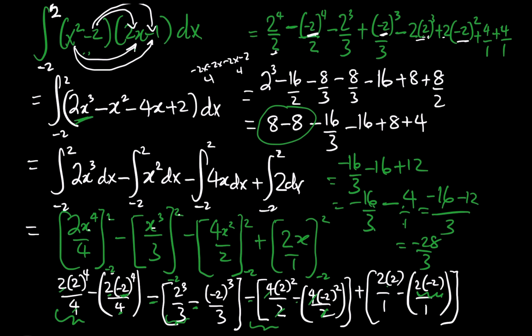When we integrated this, we're supposed to get 2x to the power 4 over 4, which is going to be x to the power 4 over 2. With the same way here, it's going to be negative x cubed over 3 in that order, right? So when we work it out, you're going to be able to get your final answer.